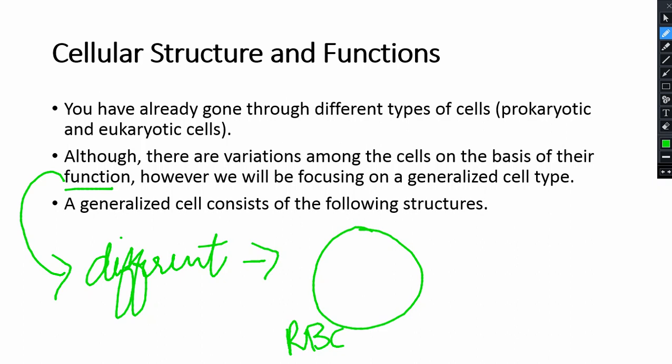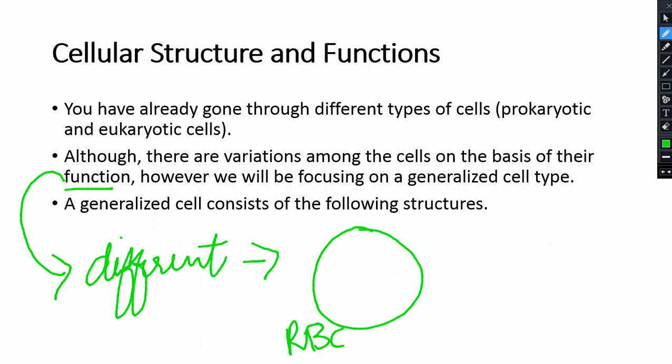The same goes for the cells present in the kidney. Every cell does its own function, and that's why the structure is also different. But here we will take a general cell type as a standard.